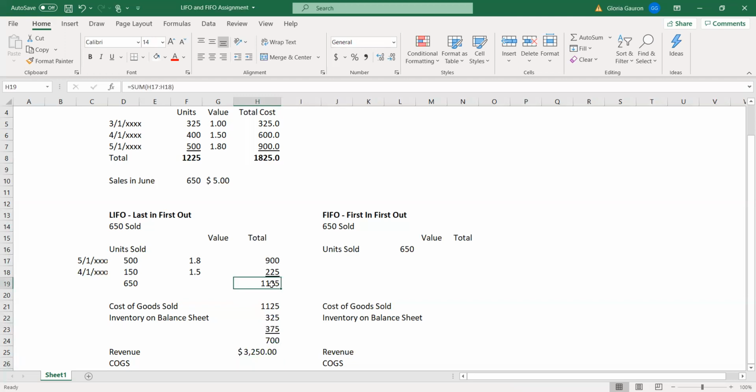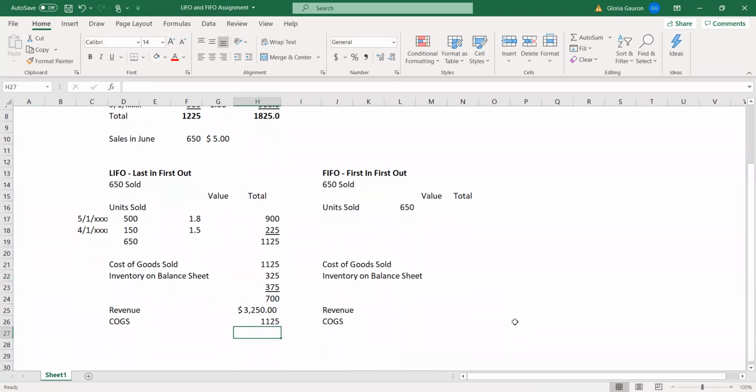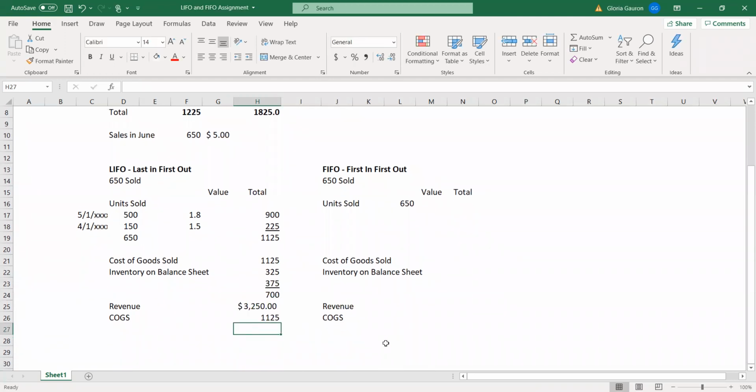My cost of goods sold using LIFO is $1,125, so I'm going to just equal, and select the 1,125. To get to the gross profit, you take revenue minus cost of goods sold, and that will give you your gross profit. So under LIFO, my gross profit is $2,125.